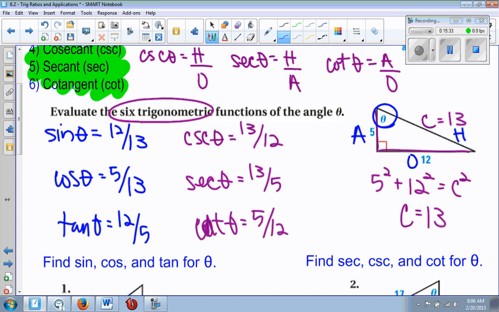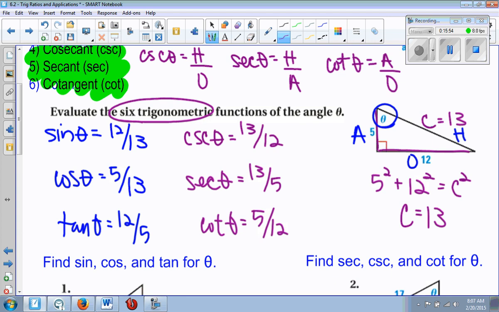Now, it's probably going to be difficult for you to remember which one goes with which for a while, because common sense probably tells you that cosecant should go with cosine, but it doesn't. Common sense would tell you that secant goes with sine.